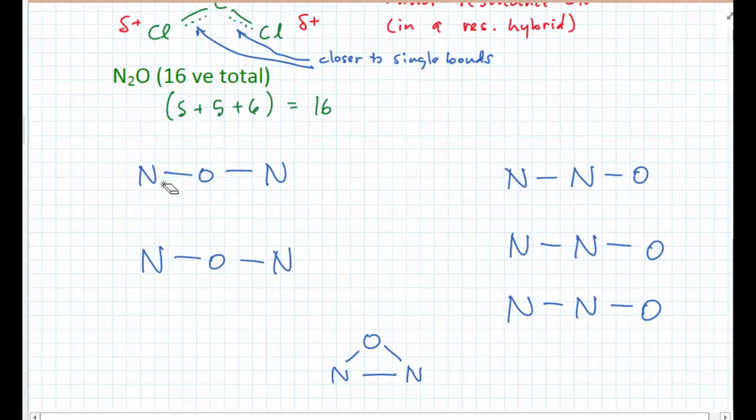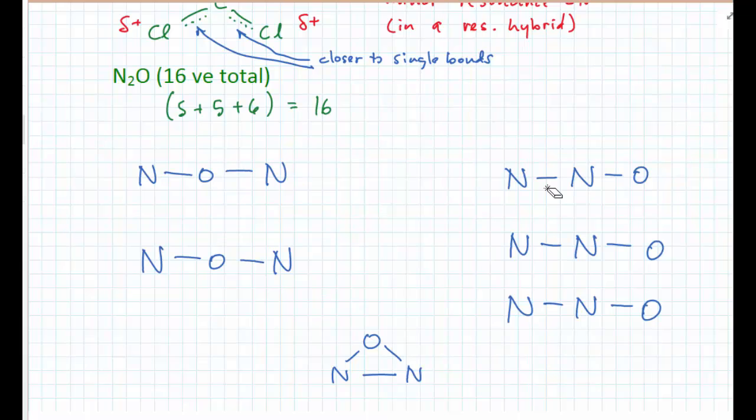So you've already got 4 on all of these structures, okay? So start drawing dots, and you can kind of draw them wherever, especially in small molecules like this. Normally we would kind of start around the outside, okay? Stop if you either have an octet, or stop if you get to 16 total, okay? But remember, in these straight ones, you're starting with 4 at least.